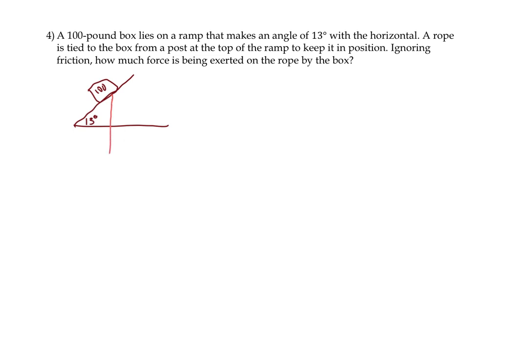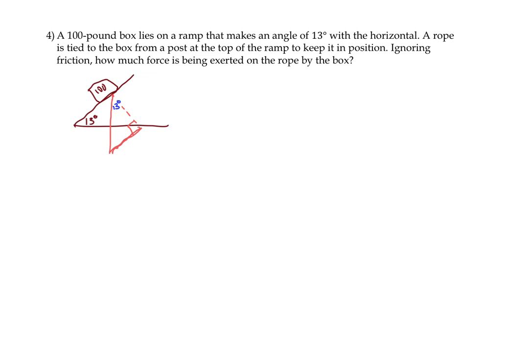Now remember, that's where the force of gravity times the mass is exerted. That's the hypotenuse. And then we draw a right angle. Okay, and so down here, that is the force resisting the push. So when we draw this, I know that now this is my 13-degree angle.